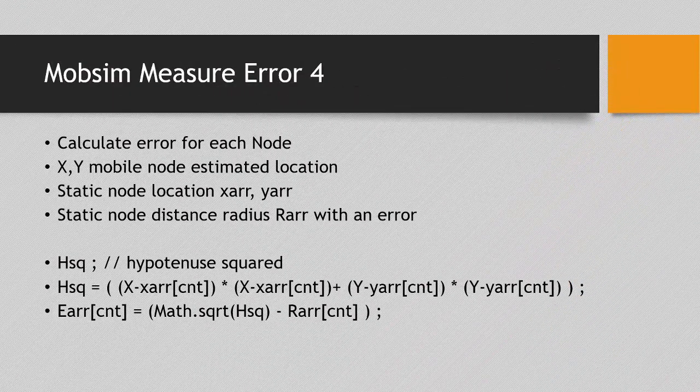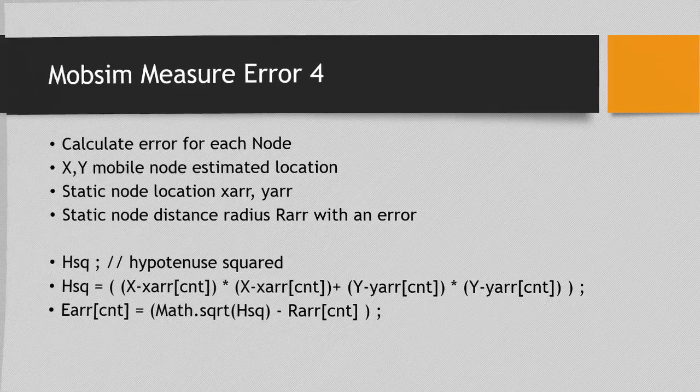In this block of code, x and y are the mobile, capital X and Y are the estimated locations, and x_r and y_r are the locations of the static nodes. This particular block of code at the bottom measures the error measure between the estimated position and the R value, in other words the radius.